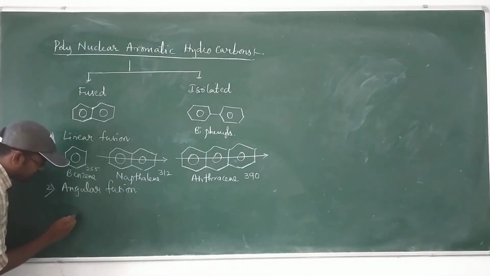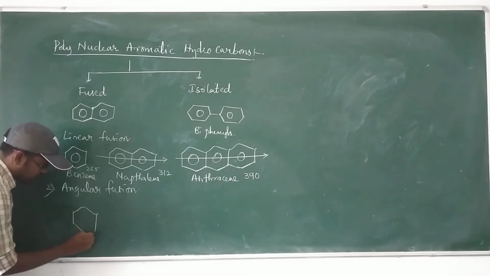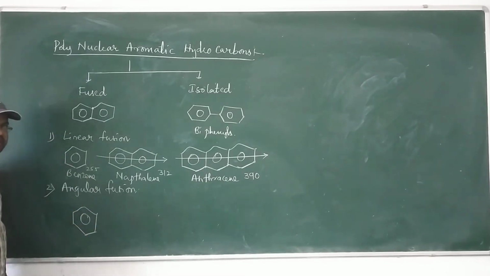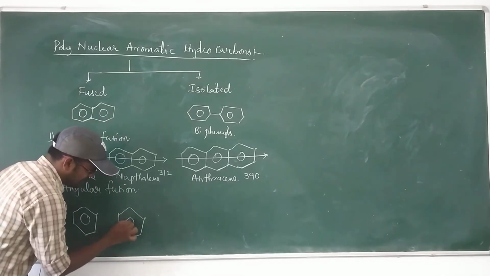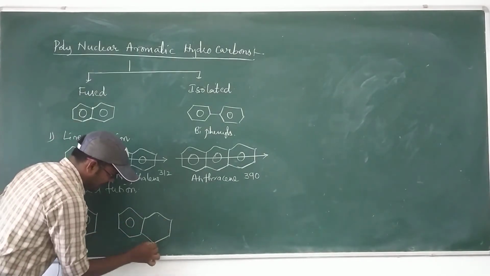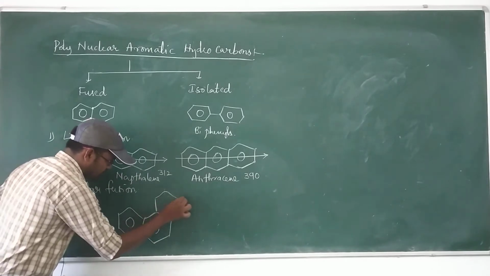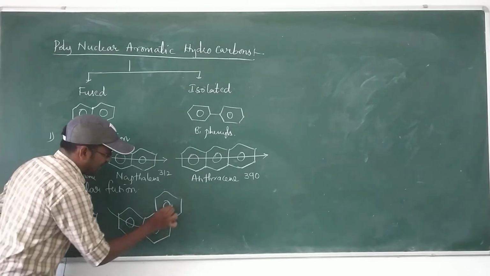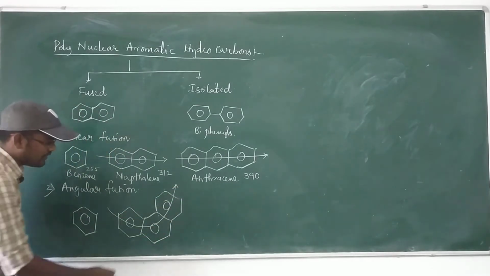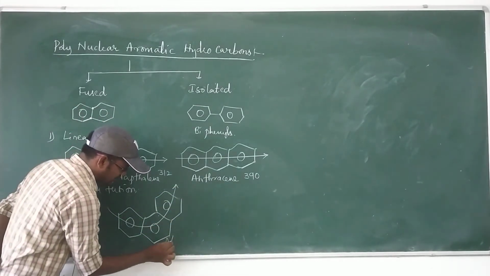Next, angular fusion polynuclear aromatic hydrocarbons. Let's take phenanthrene. Phenanthrene also has three rings, but with angular fusion.